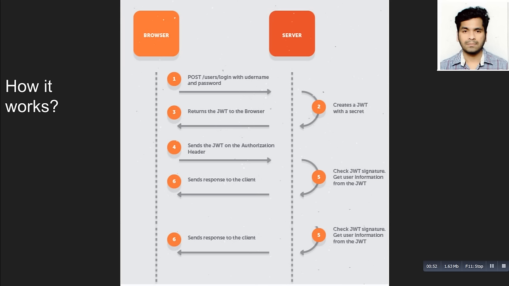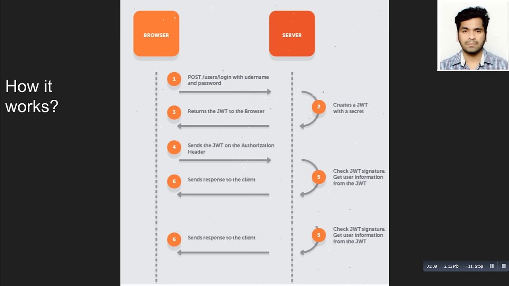How does JSON Web Token work? When a browser sends a request to the server with the login details like username and password, the server, after successful authentication, creates a JSON Web Token with a secret key and sends it back to the browser.